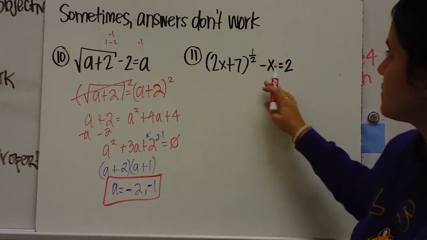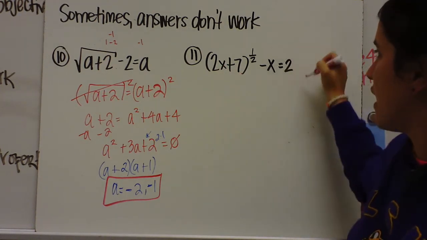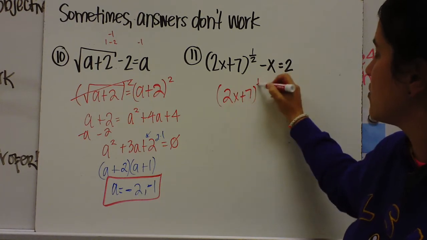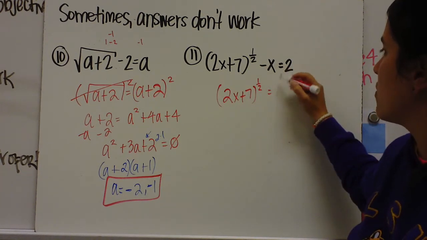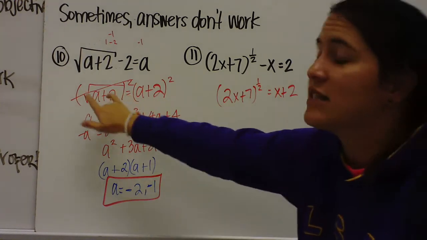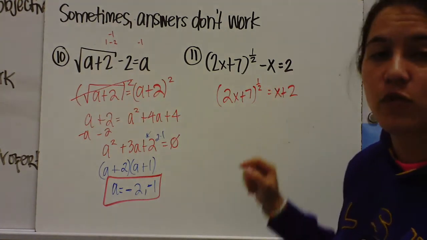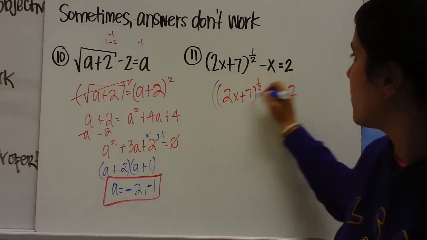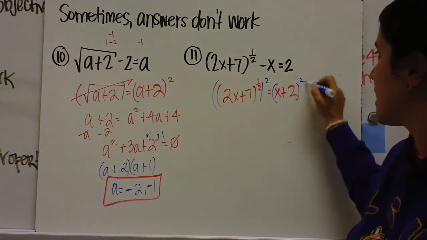Number 11. We need to move the x over. So we have the square root of 2x plus 7, or 2x plus 7 to the 1/2, equals x plus 2. Same thing. This is a square root, and this is an exponent of 1/2, but they're the same thing. So to undo it, we're going to raise everything to the second power.